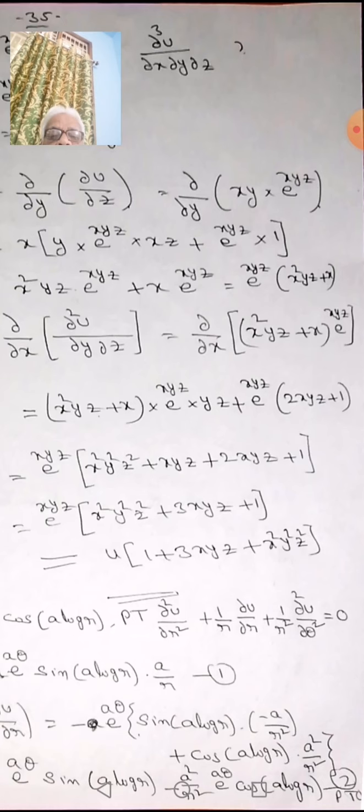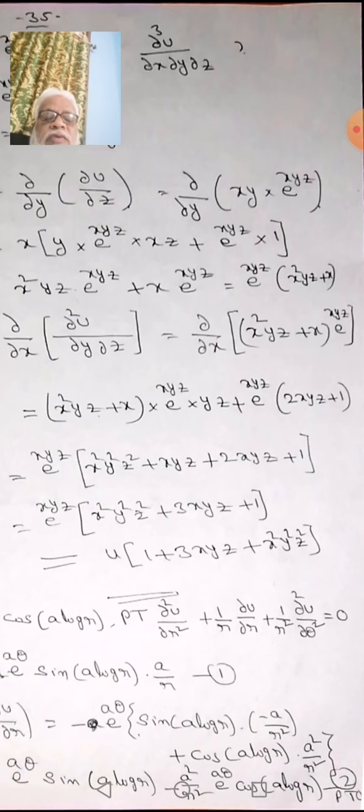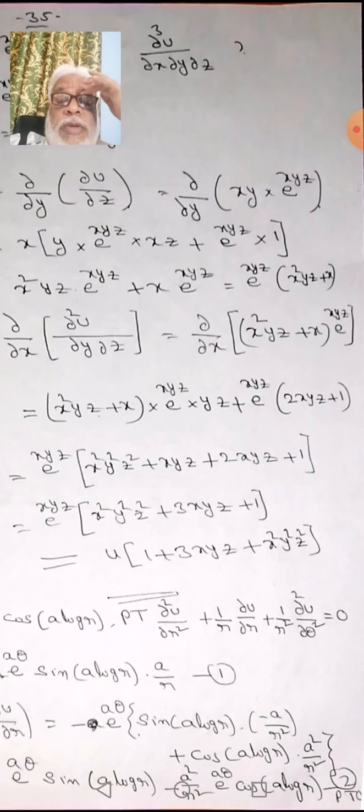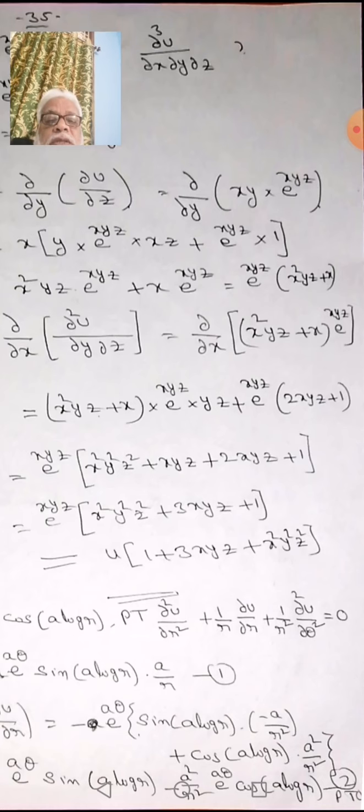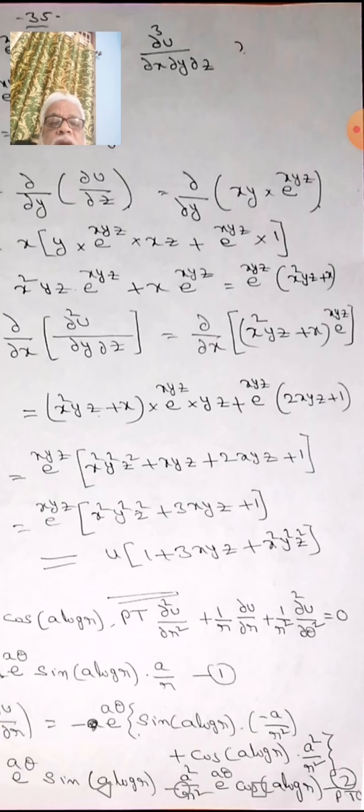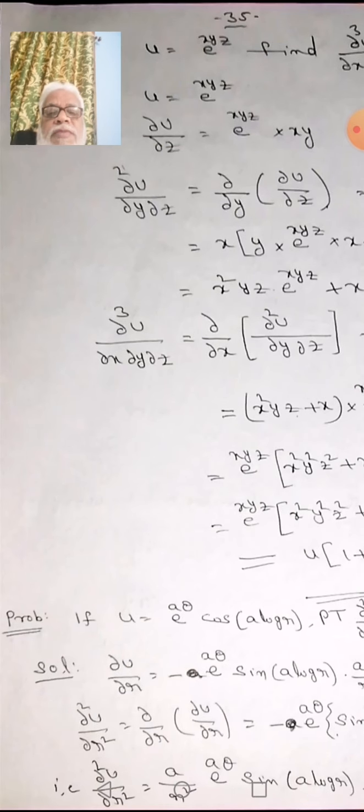Taking minus common and opening the bracket, minus into plus becomes minus a square by r square e power a theta cos of a log r. This is the second equation, the value for dou 2u by dou r2.